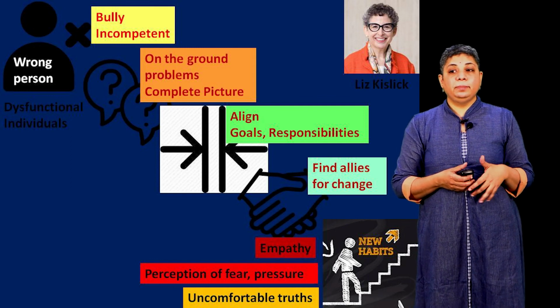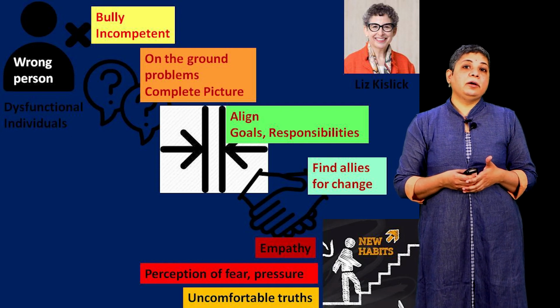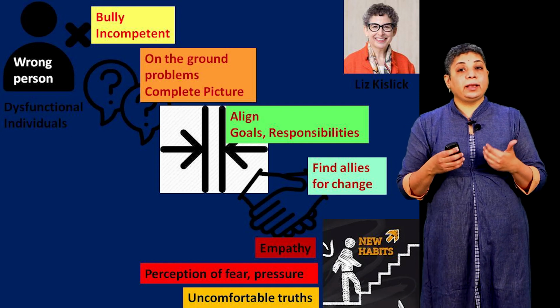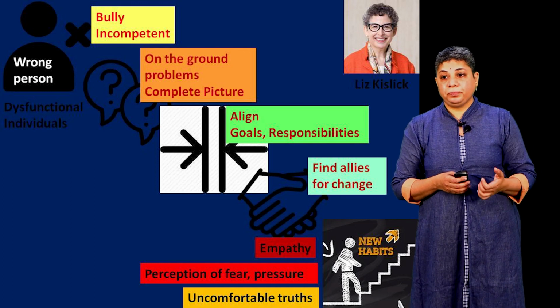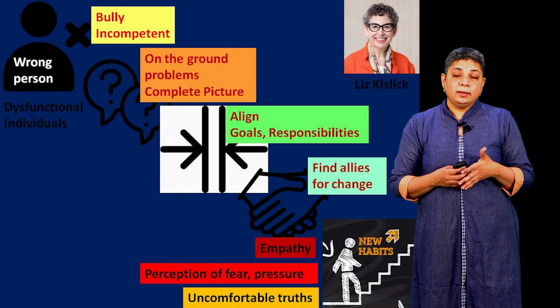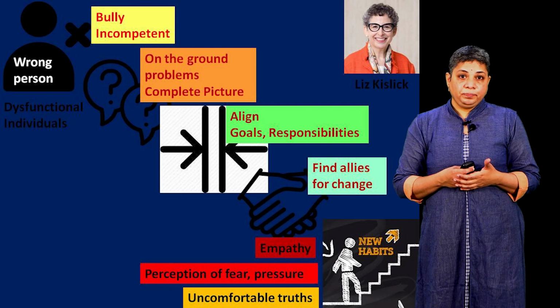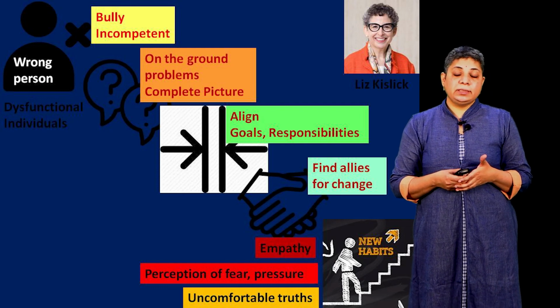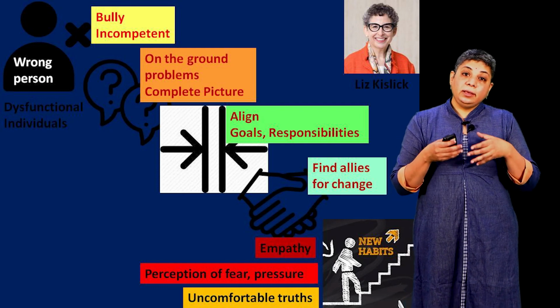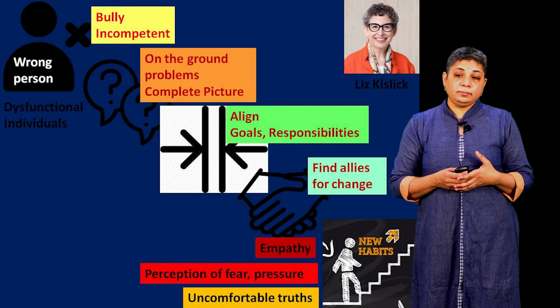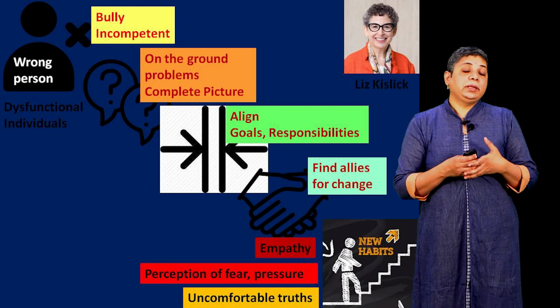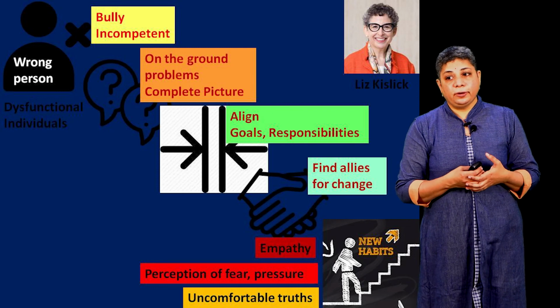These are usually bullies who are incapable of understanding that their actions are causing a lot of harm to the team. Second, asking questions. She tells us that we should ask questions to people who are actually working on the ground, find out problems so that we get a complete picture of what is going wrong.